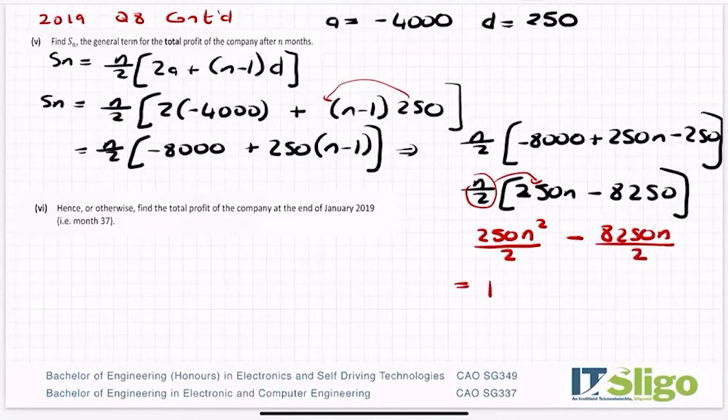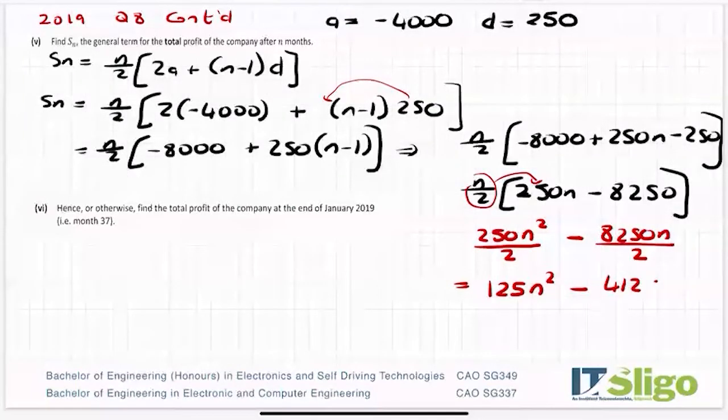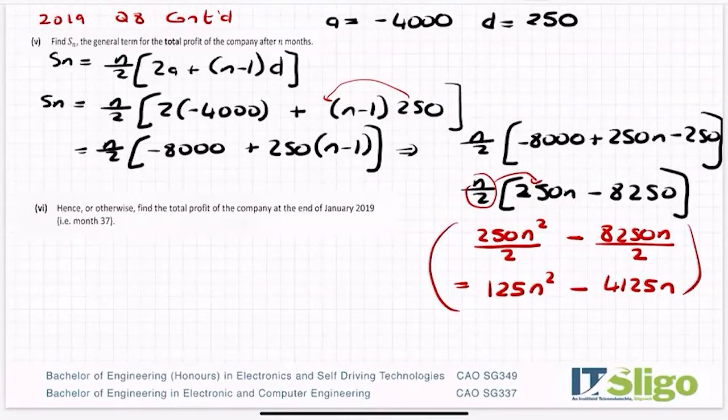So I'm getting 125n squared minus 8250 divided by 2, 4125n. So if you'd like to show off your math skills, you do the bit in red. If you're happy enough and you get full marks, you leave it as the part in black.